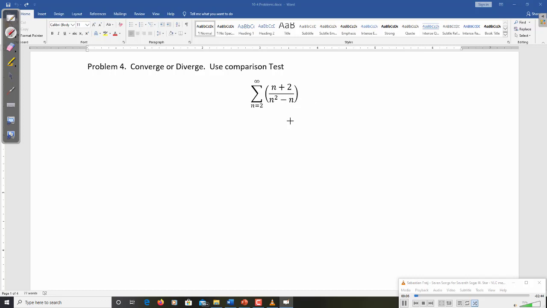But let's actually do this. If we make the bottom bigger, that'll make the fraction smaller.